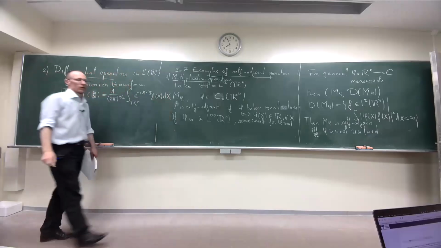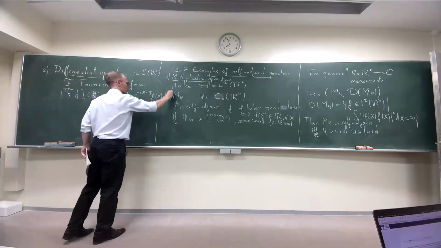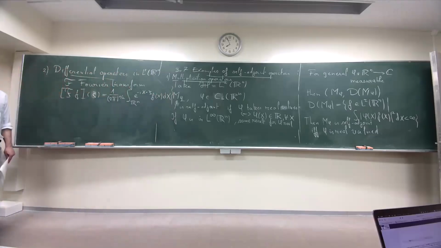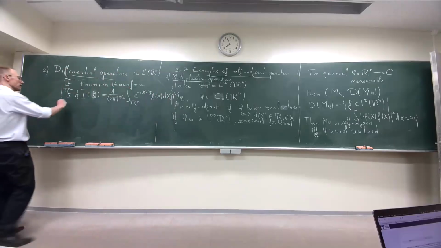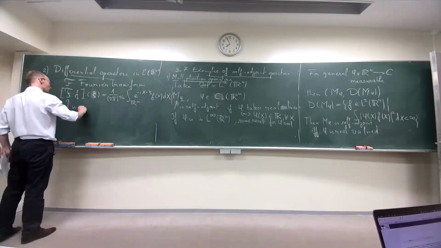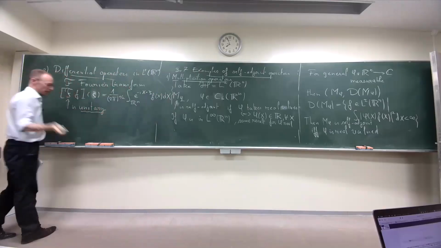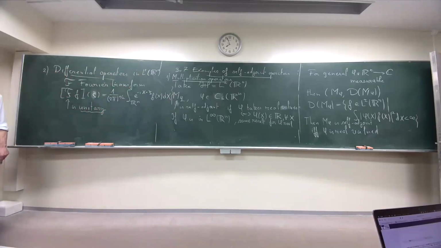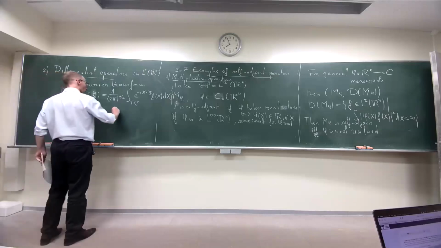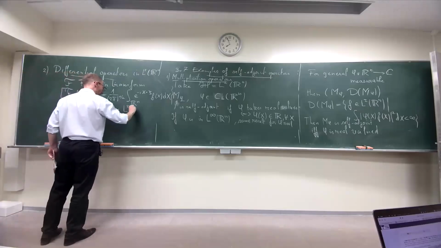This is the Fourier transform I mentioned already a few weeks ago. It was defined on the Schwartz space, but I mentioned this F is unitary. And now we know the meaning of unitary. We have seen it a few weeks ago. It is unitary on L2 of Rn.